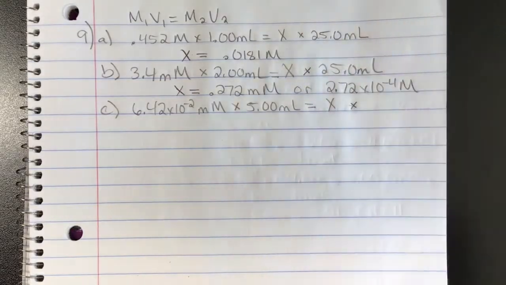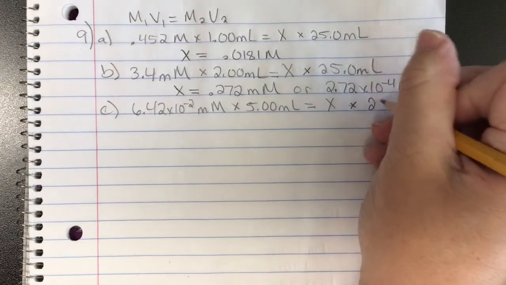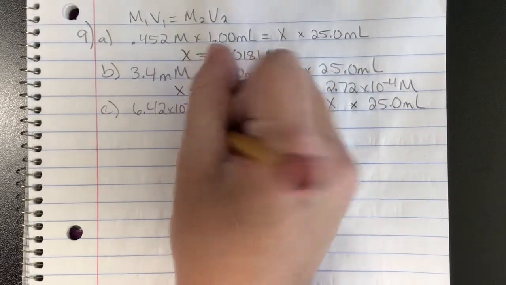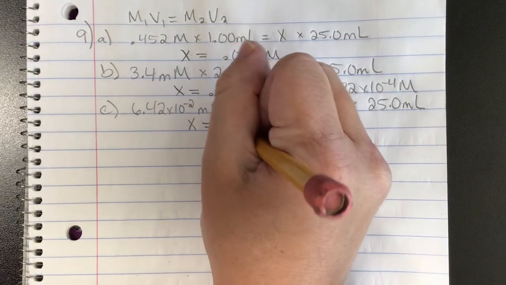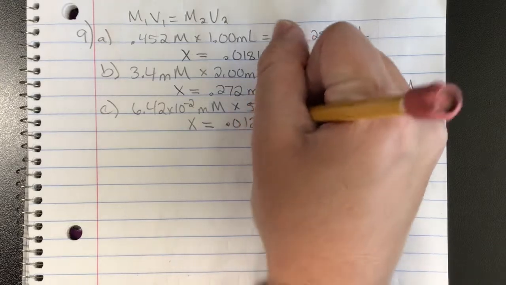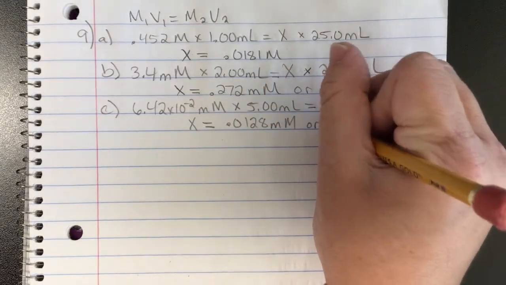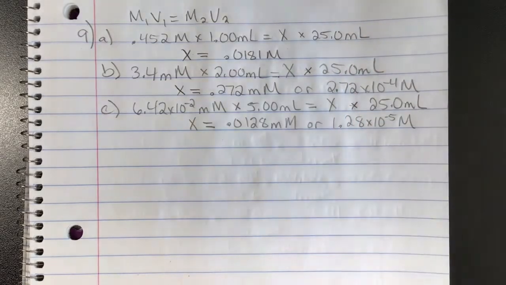Sorry. 25. Okay, so X is equal to 0.0128 millimolar, or you can change it to molar and it would be 1.28 10 to the negative fifth molar.